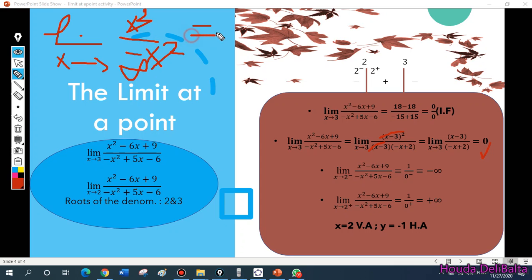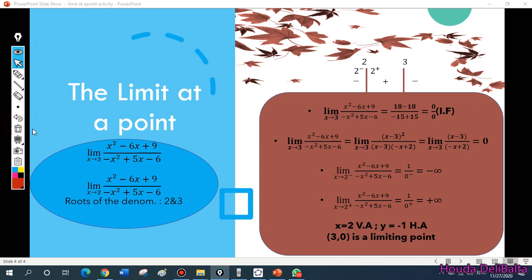We are going to get -1. That's why we say that y equals -1 is a horizontal asymptote, because it's the result of the limit as x approaches infinity. And as I mentioned, we call (3, 0) the limiting point.